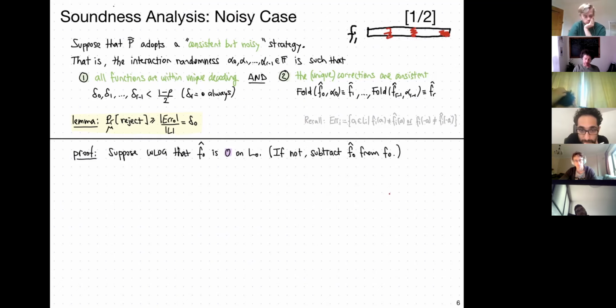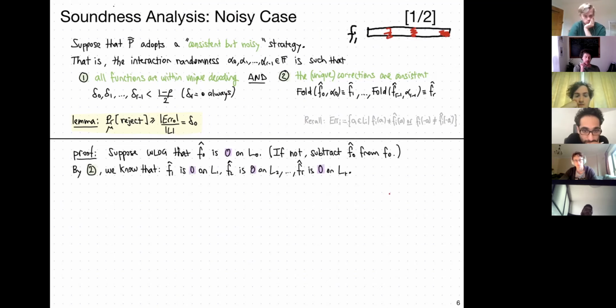Okay. But it does much more than that, because now we know that when we fold the 0 codeword, it would still be 0. And so all of the prover messages, all the self-correction of everything that the prover sends, is just 0, 0, 0, 0, 0. So each round, the prover just takes zeros and changes a delta fraction of them.